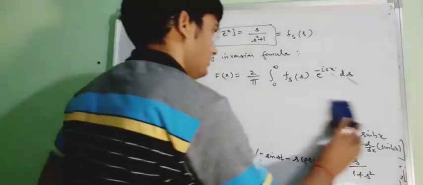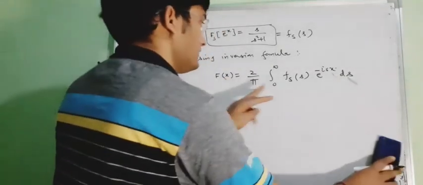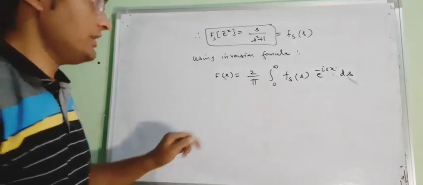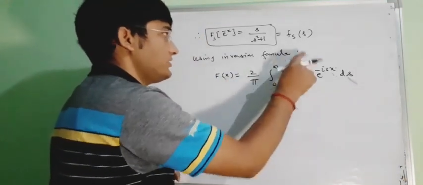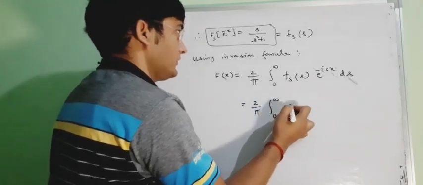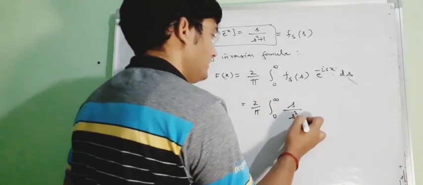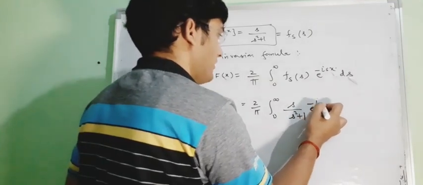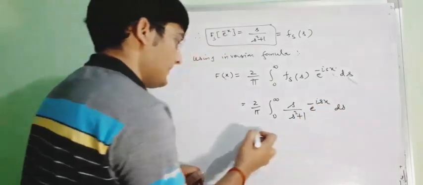So now in place of the Fourier sine transformation of the function f(x), we have s upon s square plus 1, then e to the power minus isx ds.